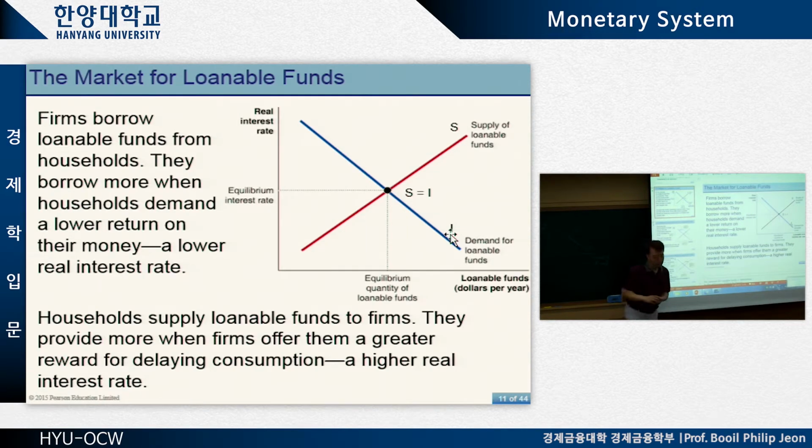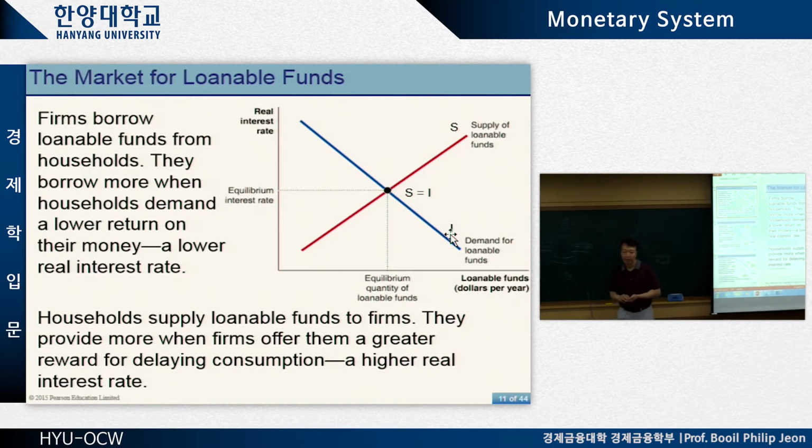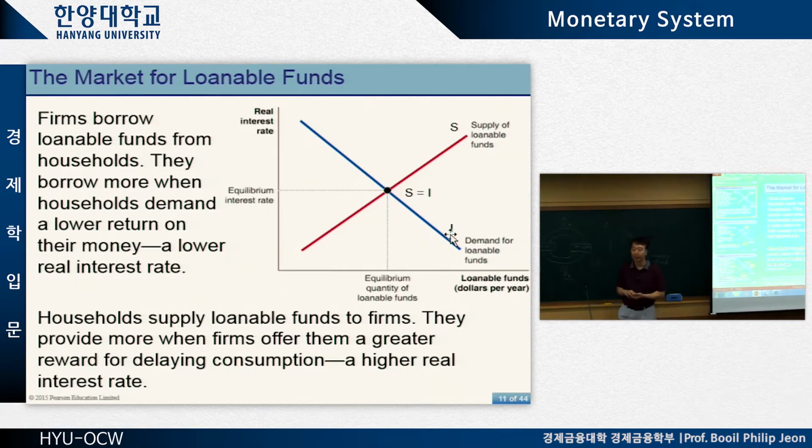Of course, households can borrow some money to purchase cars or houses or whatever, right? But mostly, we think the main component of this money demand comes from the businesses, right?